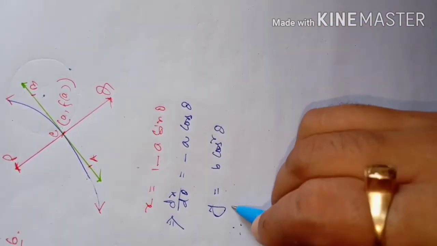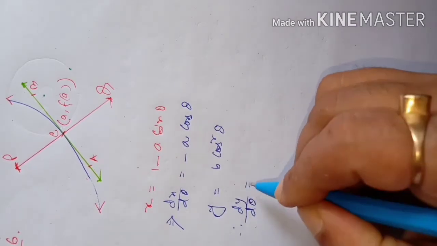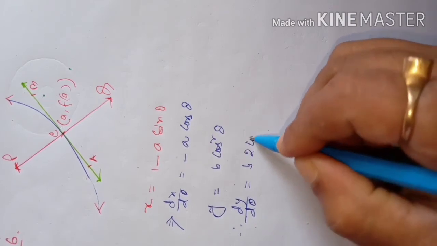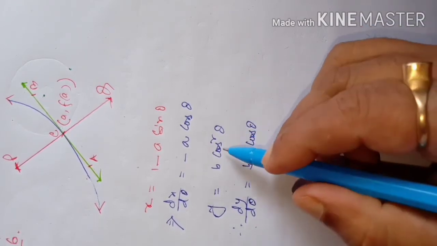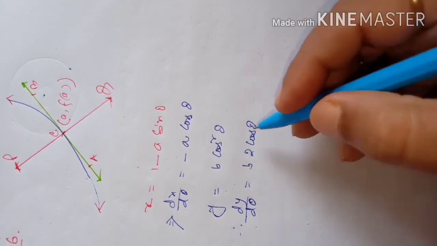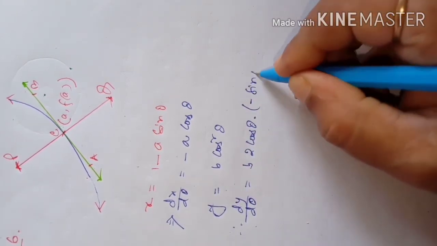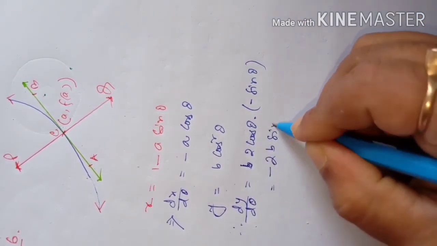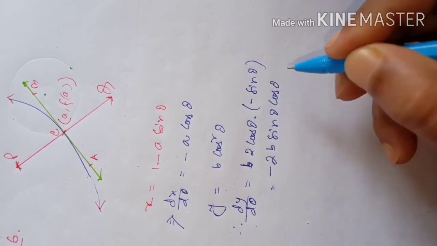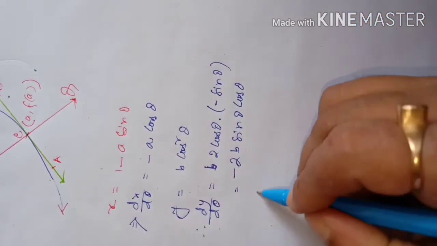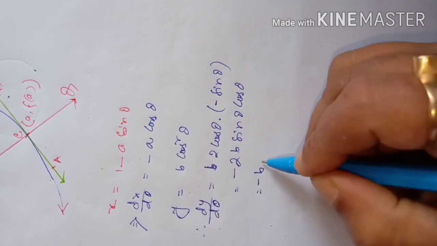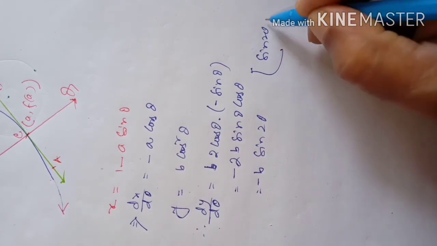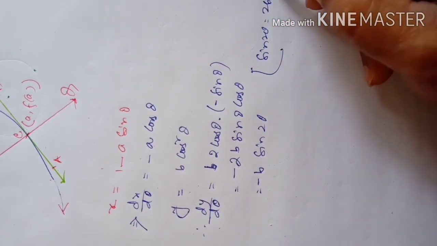Then we find dy by d theta, that is b twice cos theta, and the derivative of cos theta is minus sin theta. So this will be minus twice b sin theta cos theta, or it can also be written as minus b sin twice theta, by the identity sin twice theta is equal to 2 sin theta cos theta.